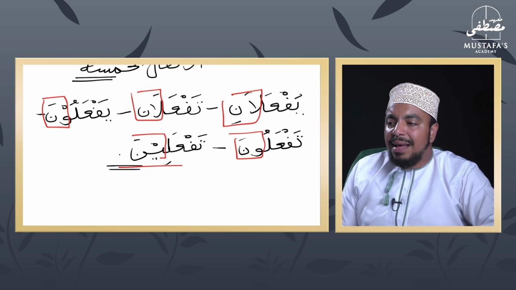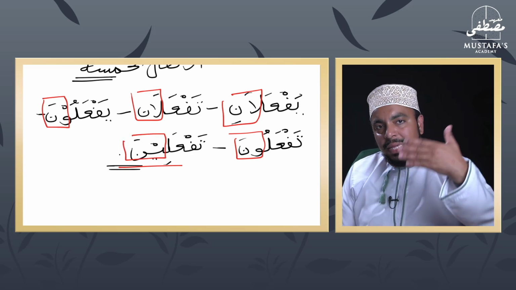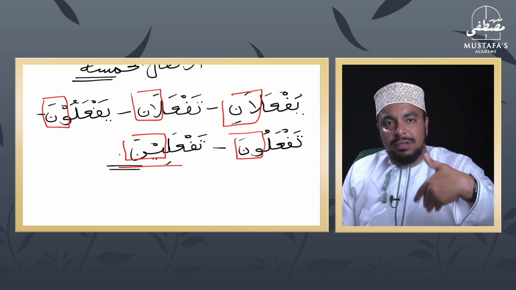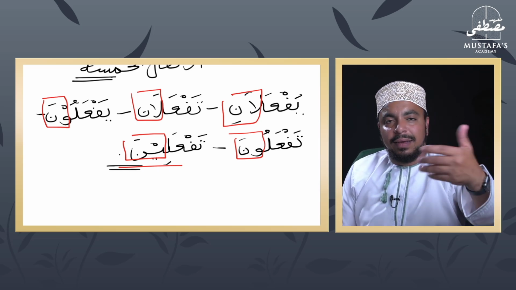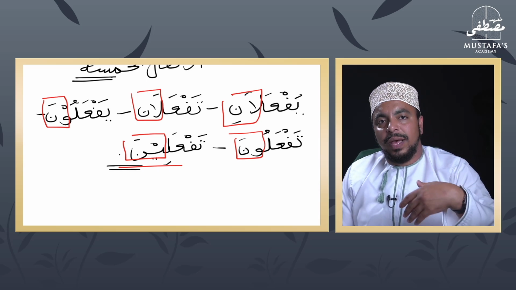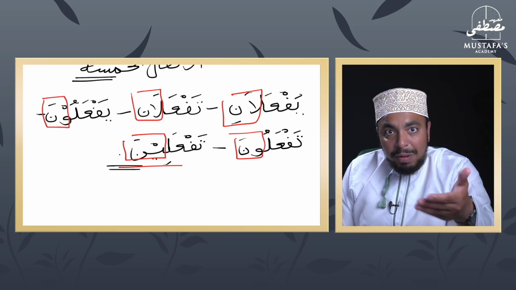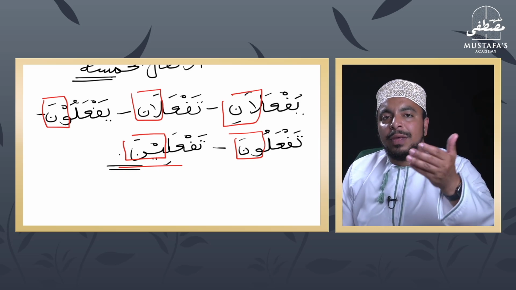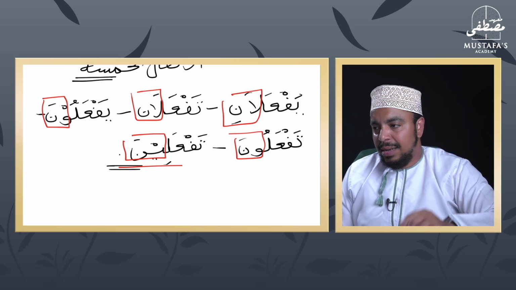And تفعلين is for the female. In the present tense verb, for the female, you're saying that you are doing this. You're telling a woman that she did it, different from the man.